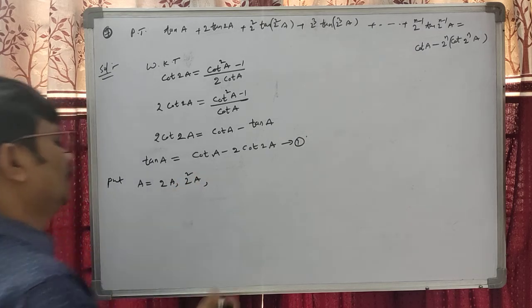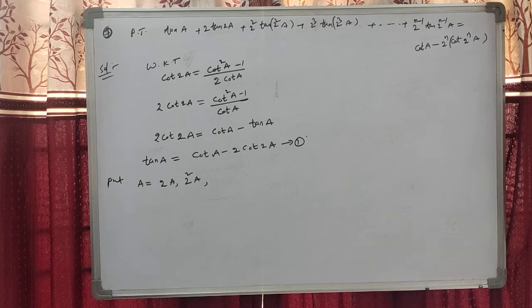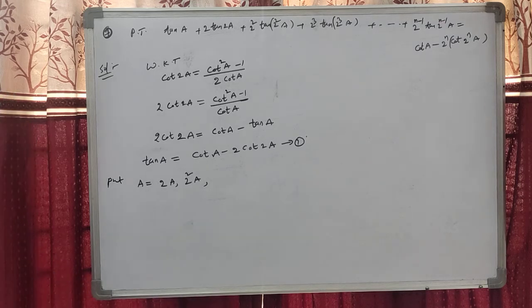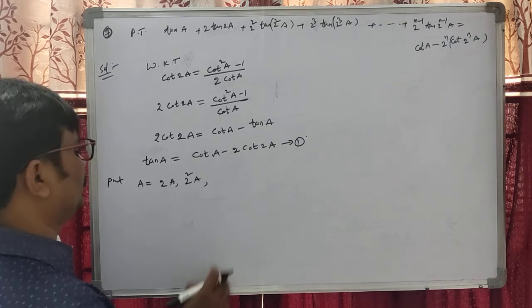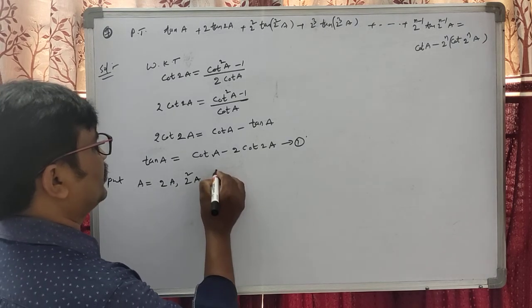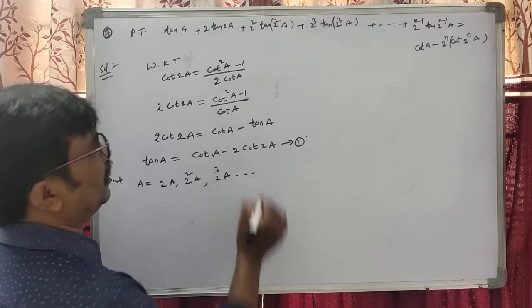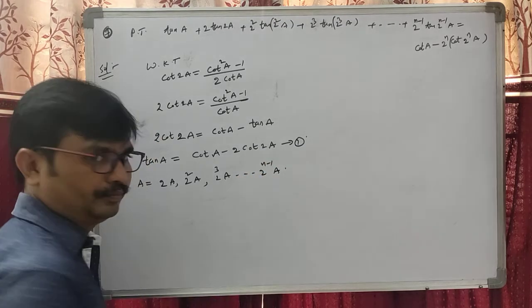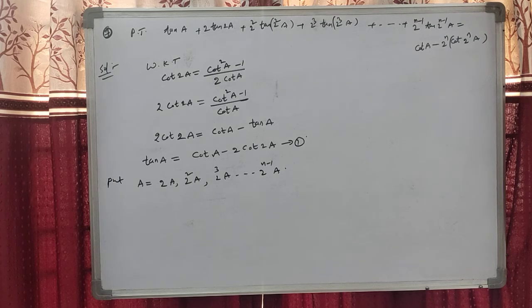Just substitute 2a or 2 square a. Then next one is 2 cube a, and so on, up to 2 power n minus 1 into a. Okay, do you understand?